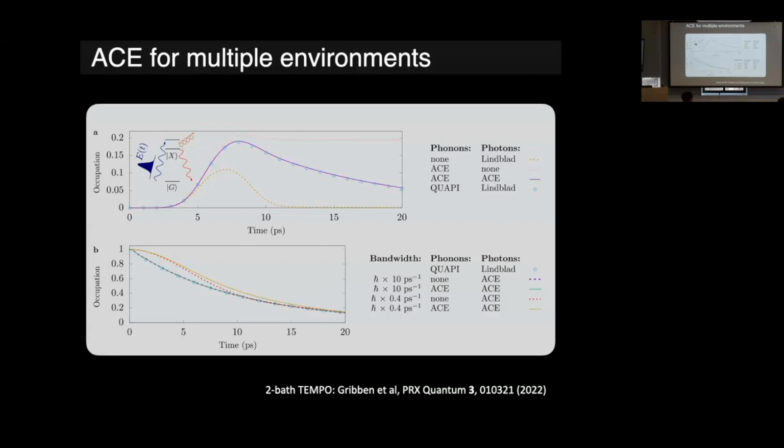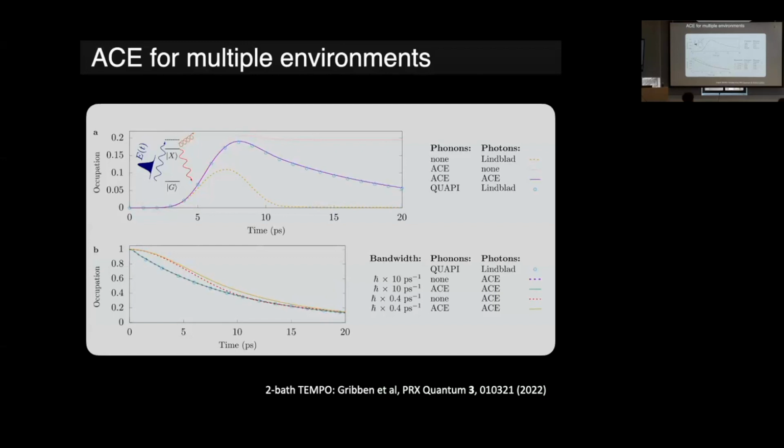What I'm showing you here is a table. We've got phonons and photons, and we treat them in different ways. We use QuAPI here as a benchmark because we know it works well for this system. The photons we use either as Lindblad, not at all, or using ACE, and we're looking at different combinations.